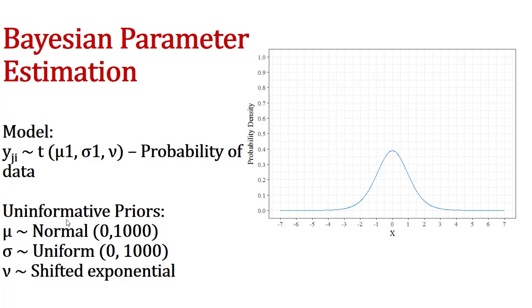So basically Kruschke decided that he prefers not to use prior knowledge, just a distribution in which the probability for each possible value is more or less the same.